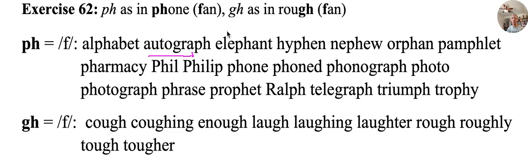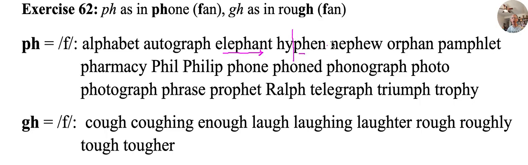Next we have elephant. And if you pronounce that with a short A, you come up with elephant. And of course, you would know immediately that it's an elephant, a big animal with a trunk and big long ears, elephant.